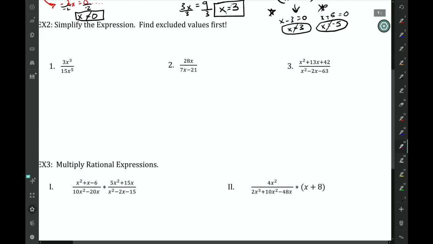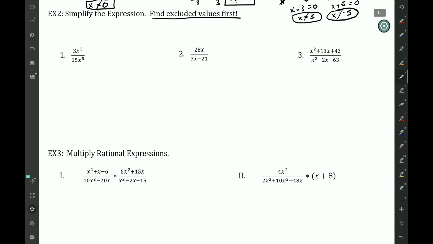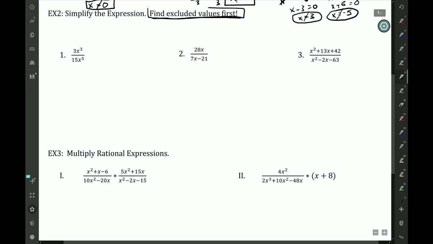Now they get a little more challenging. So we're going to simplify, but when I tell you to find excluded values, you want to do that first before you simplify. I know it's tempting to just jump on in and cancel things out, but find excluded values first. You got to check your list. So let's take 15x to the 5th.